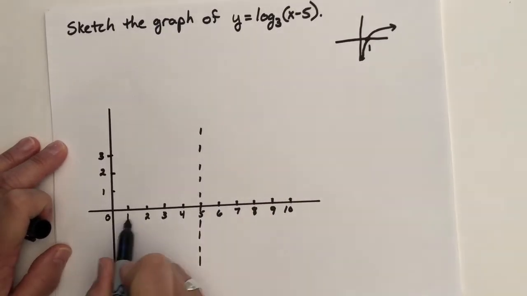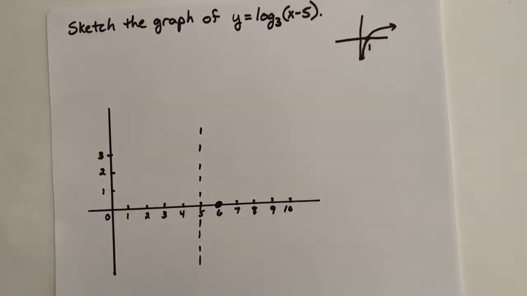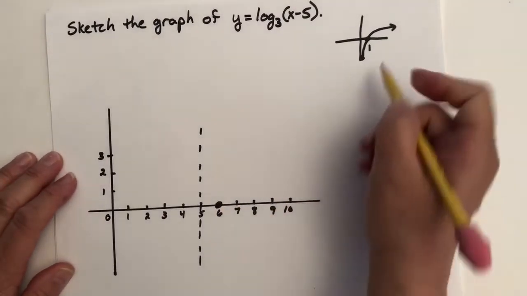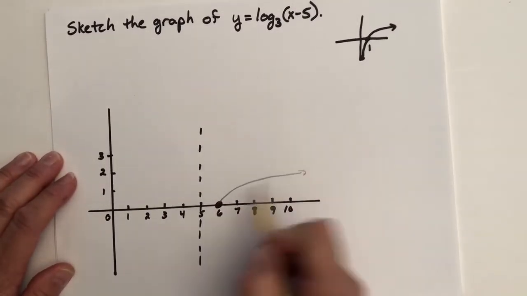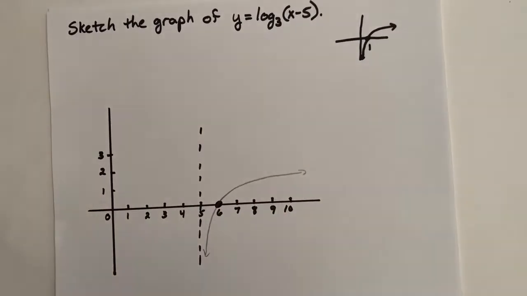So if we're at 1, we shift over 5, we're here at 6. That's a very important point right there at 6. And now I could do a rough sketch. I know the graph looks like that. Done. Well, it could be done. It depends on what you needed this for. Often this is close enough.